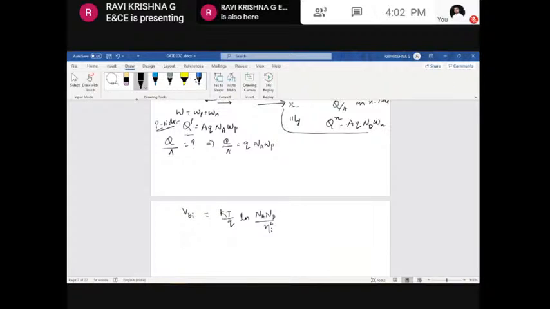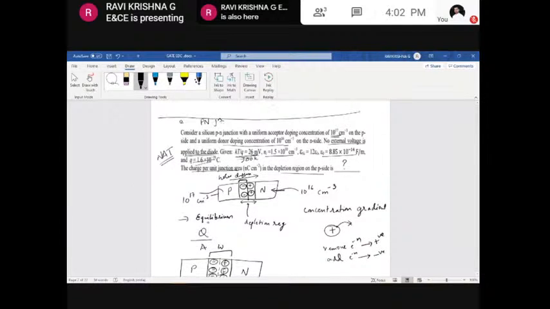Here Na is also given, and Nd is also given, and the thermal voltage is also given. kT by Q is given. This is your uniform acceptor doping concentration Na, and this is your Nd.